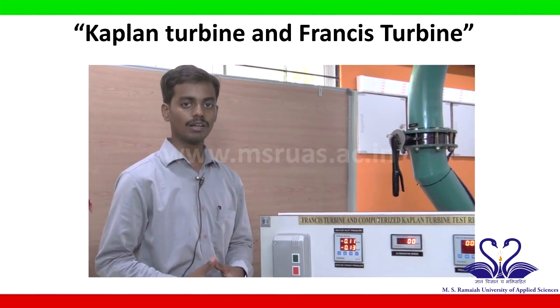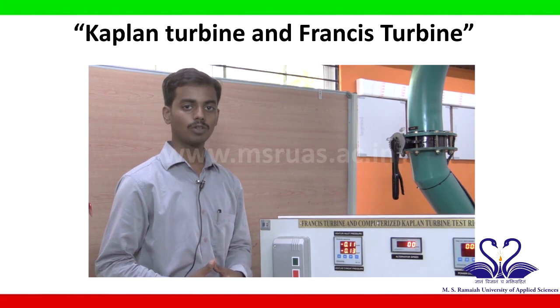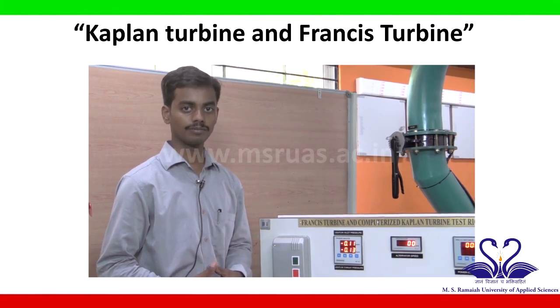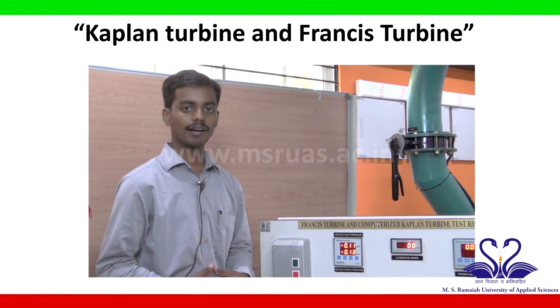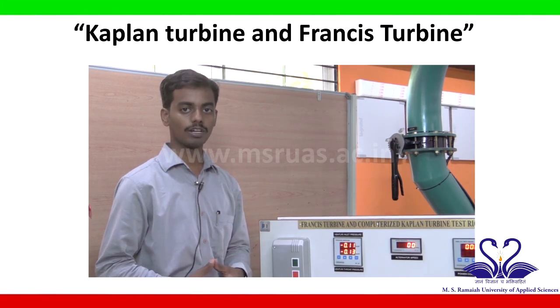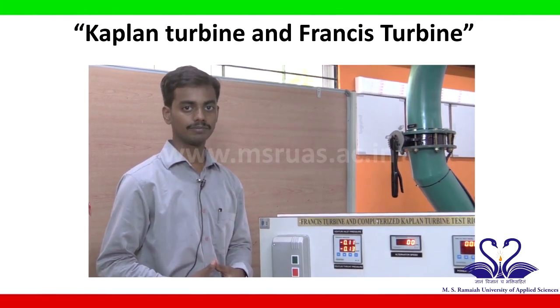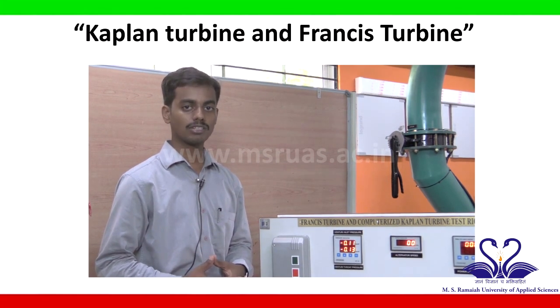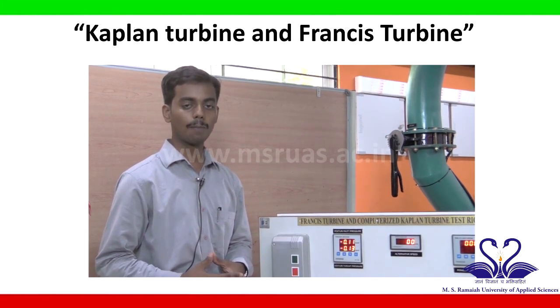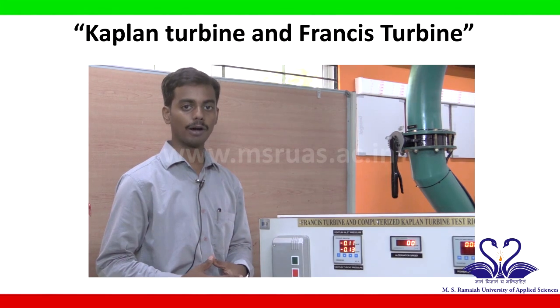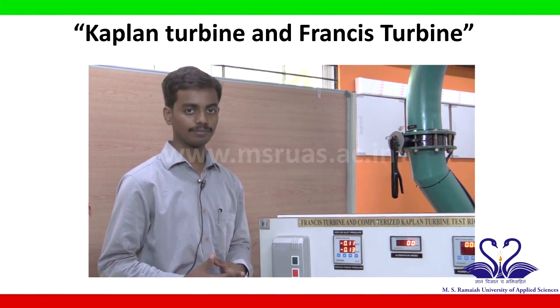We take down the inlet pressure and throat pressure of the venturi meter, using which we can calculate the discharge of the water entering the turbine. Hence, we can calculate the input power, that is the fluid power entering the turbine.